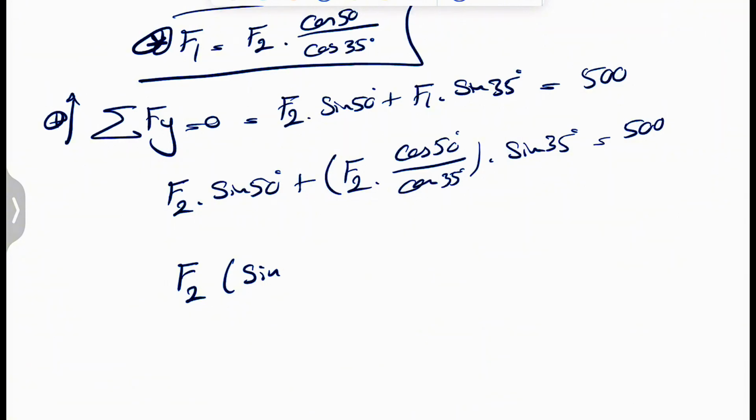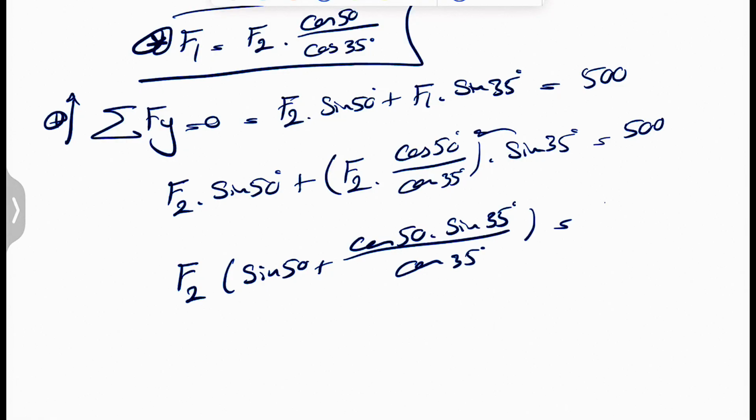So sine of 50 plus cosine of 50 divided by cosine of 35 degrees times sine of 35, and this will be equal to 500. We can just put, instead of that, tangent of 35 degrees.